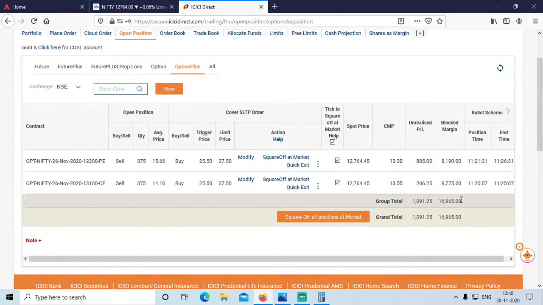And as of now our investment is only 17,000. In the morning we started around 19,000. As and when we reduce the trigger price, our investment also comes down. So for an investment of around 17,000, 6% profit is good. So we are almost getting 6%.